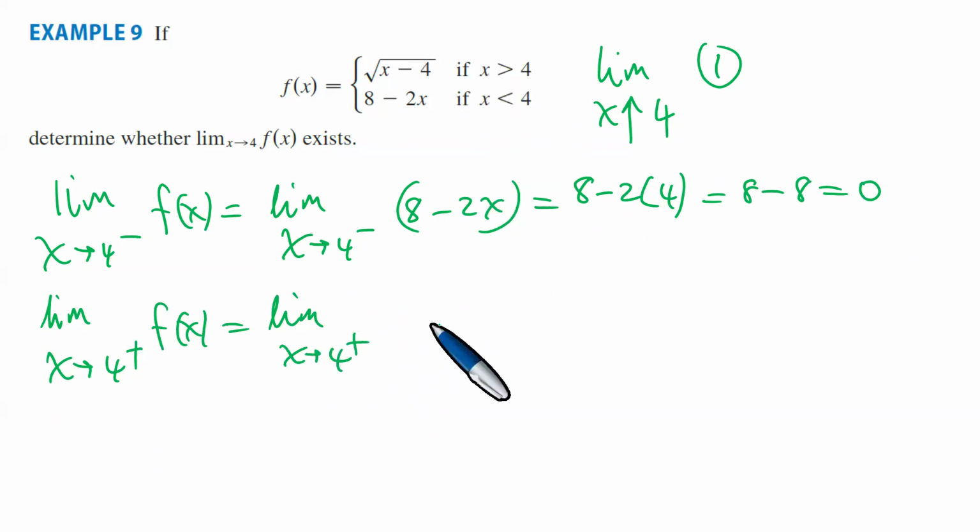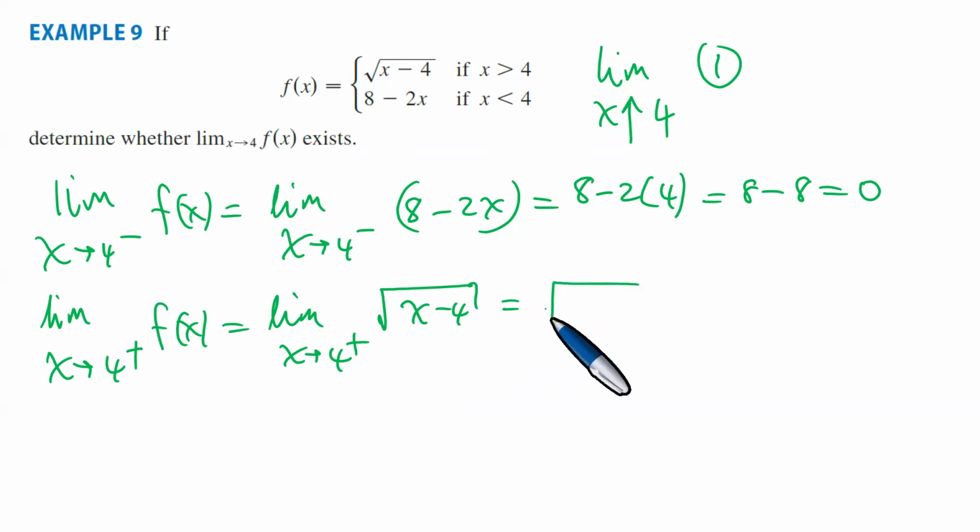Okay, from the right is this one, which is exactly 4 minus 4, which is the square root of 0. The square root of 0 is what? Is 0.